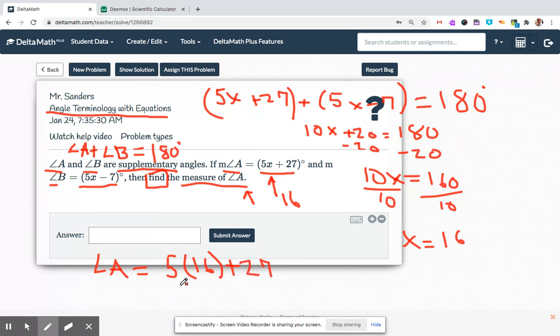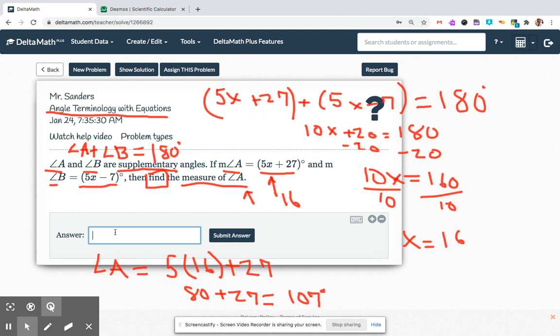So 5 times 16, that's 50, plus 30 is 80, plus 27, which is equal to 107. This problem is in terms of degrees, but they want the measure, so 107 would be the measure.